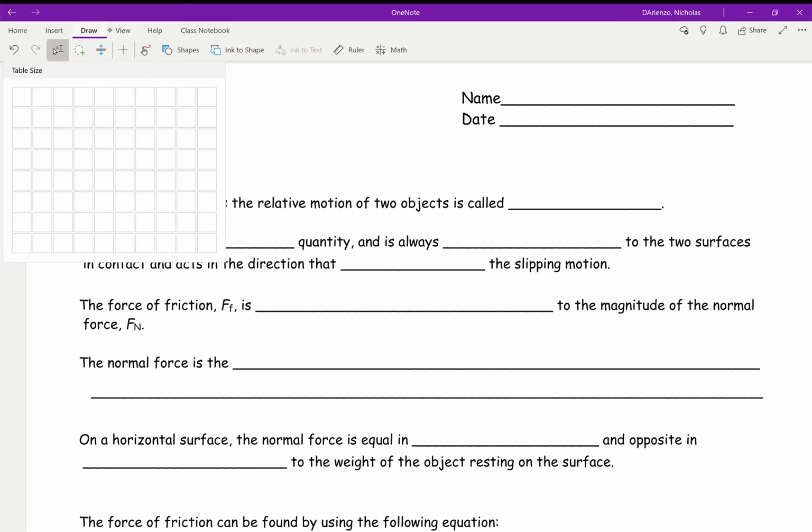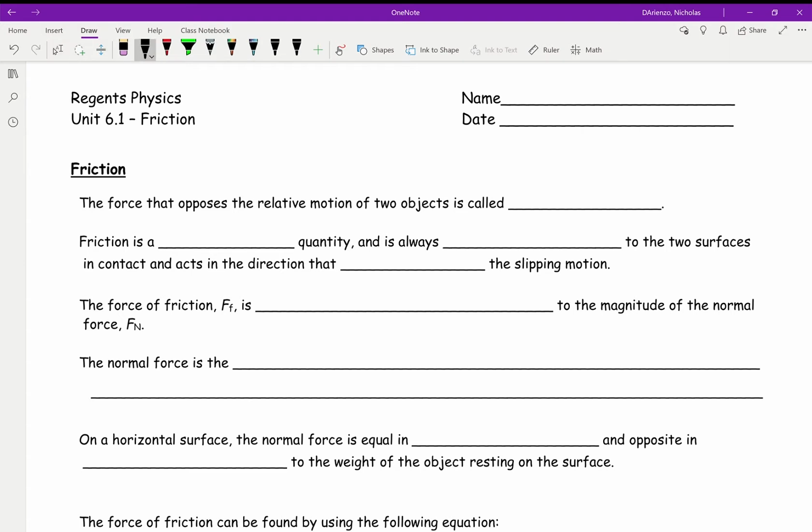It is a vector quantity. It is a force that opposes relative motion between two objects. And that's what friction is.